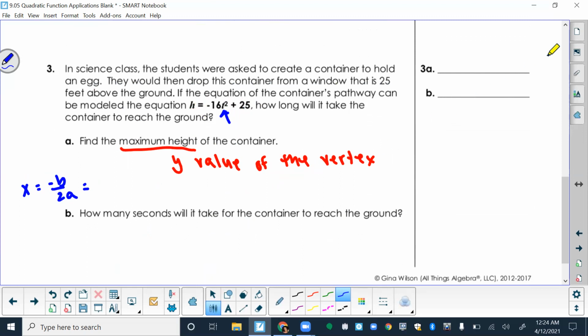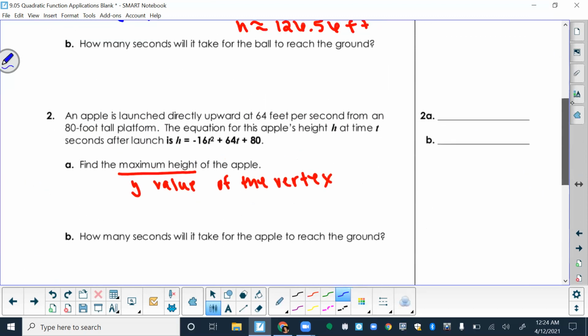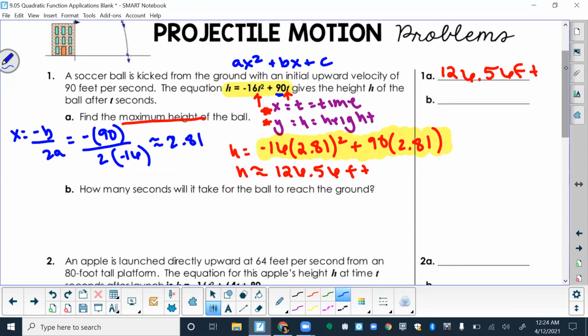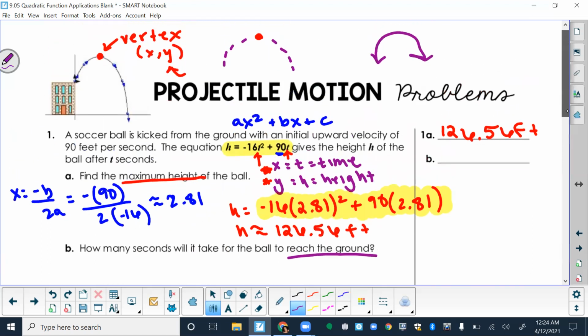Now I'm going to go back up to that first example we were doing because there's another part to it. Part B says, how many seconds will it take for the ball to reach the ground? Whenever you see reach the ground, what could it possibly be talking about? What part of the parabola are we looking at?